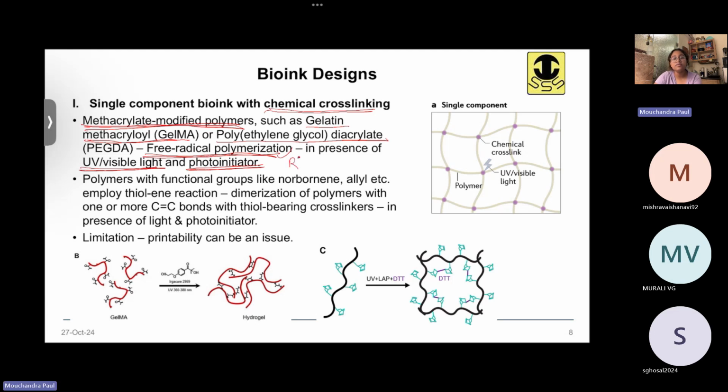It is highly reactive and will now target the next bond. This free radical can target the methacrylate group, which again generates another free radical on it. In this way it is a chain process that keeps happening again and again.